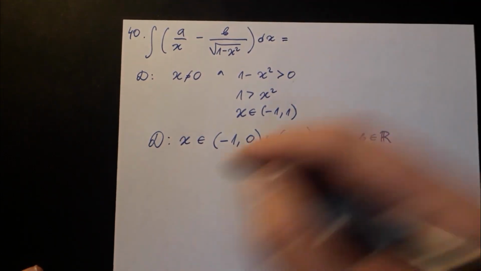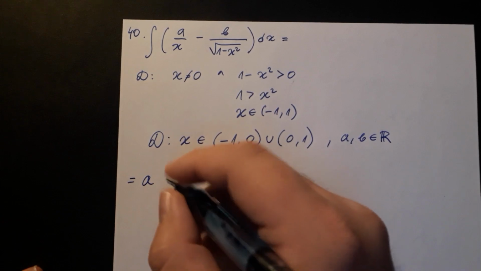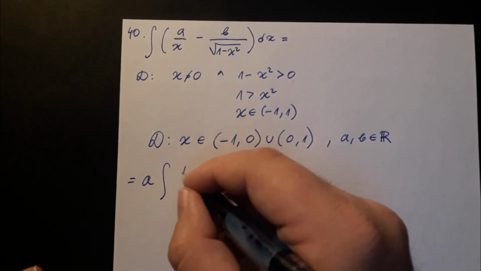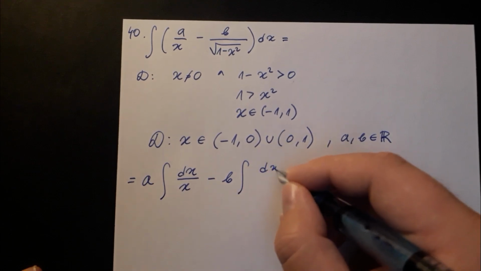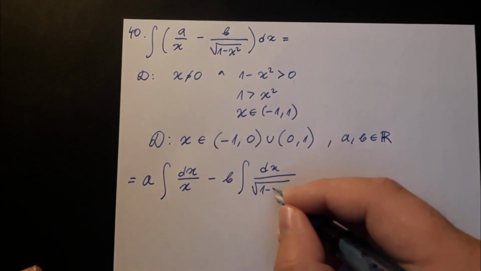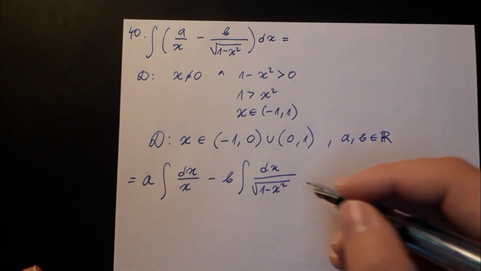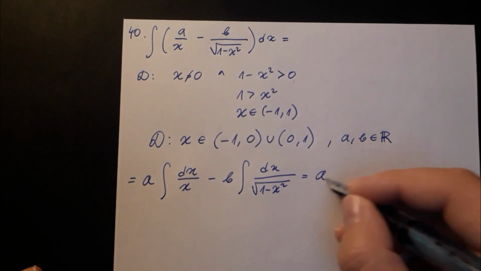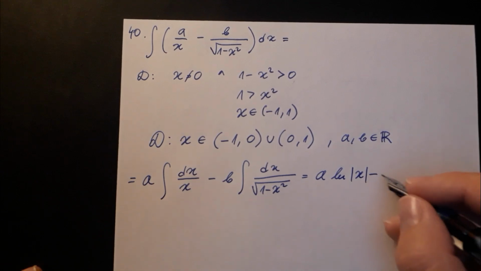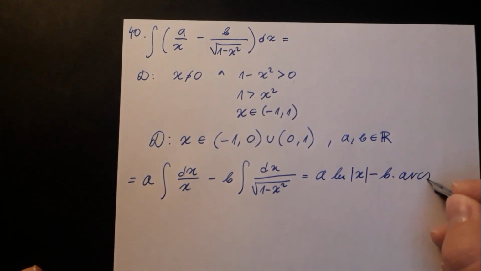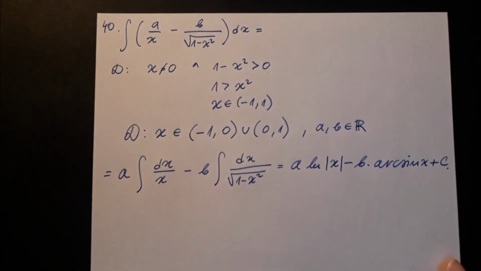So this integral is then equal to an integral of a times dx divided by x minus b, an integral dx divided by a square root of 1 minus x squared, and that is equal to a times ln of absolute value of x minus b times arcsine of x plus an arbitrary constant c.